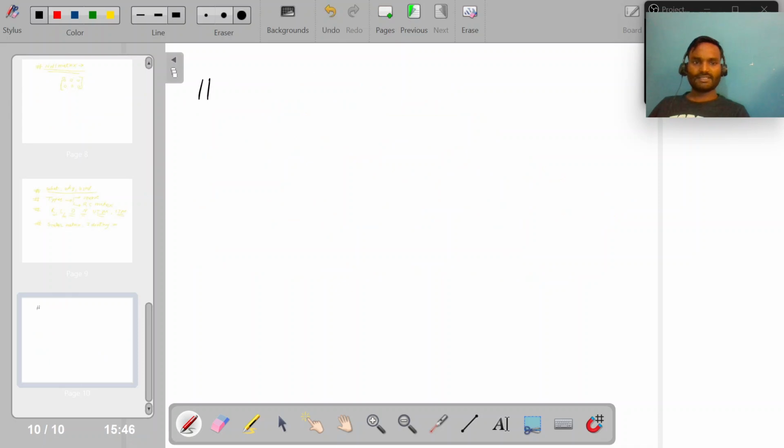First let me give one example, then you will understand easily: 1 0 0, 0 2 0, 0 0 3. What is this matrix type?